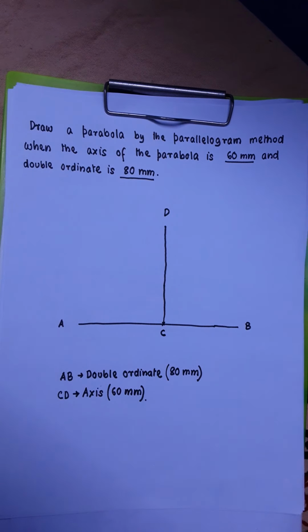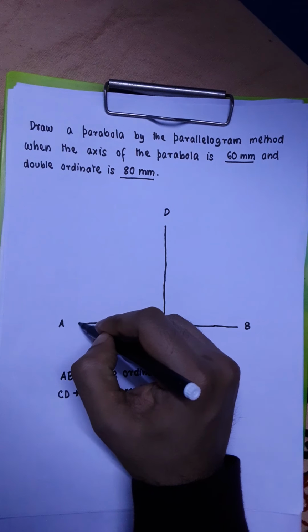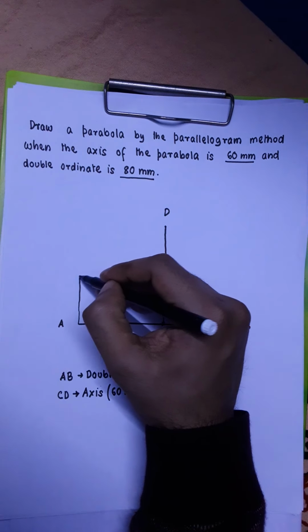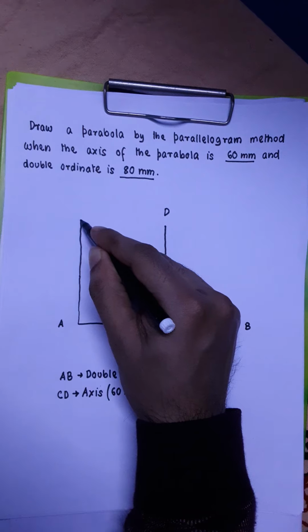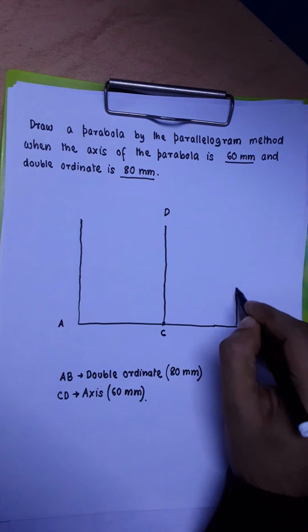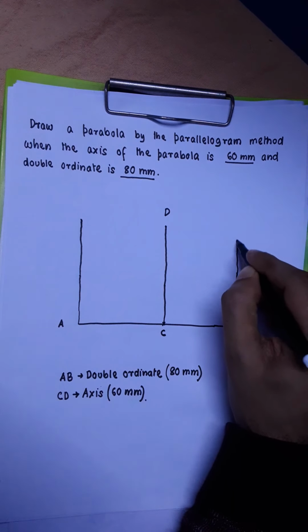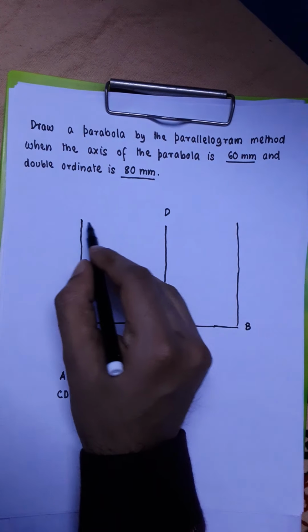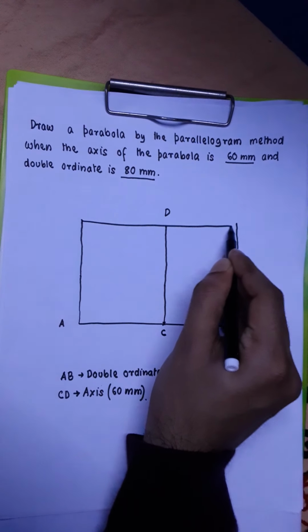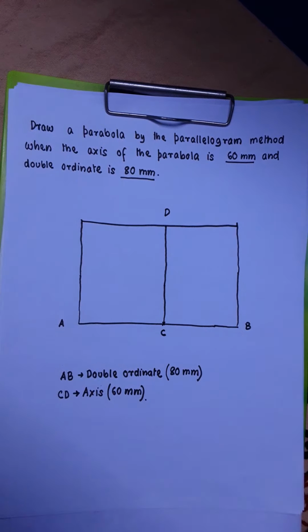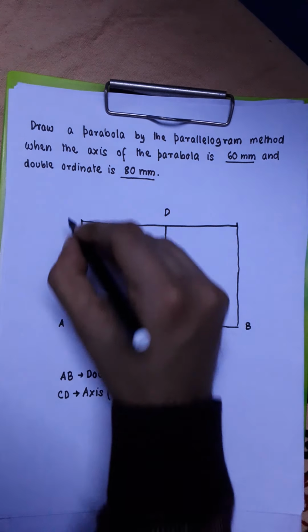So after doing this much construction, you complete this rectangle or this parallelogram where this side and this side are equal and parallel to CD, and this side is equal and parallel to AB. You complete this rectangle or parallelogram.